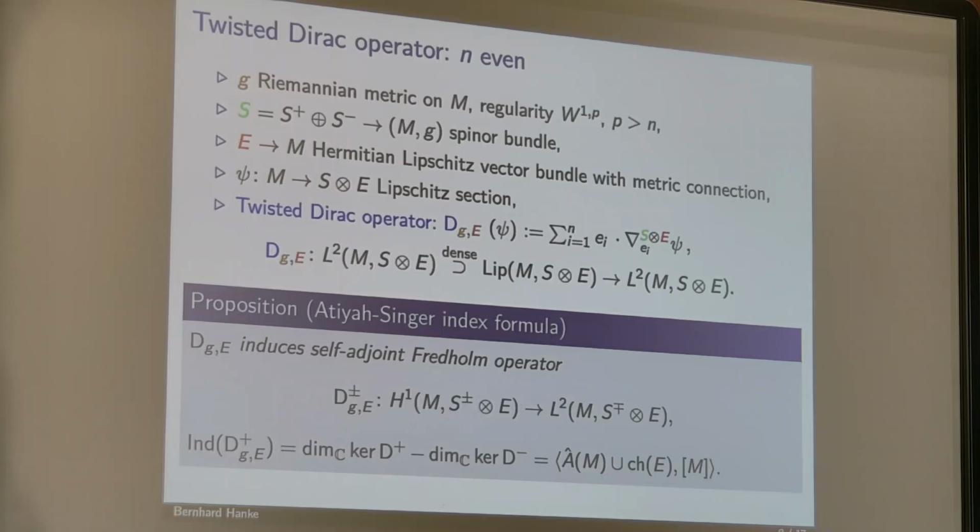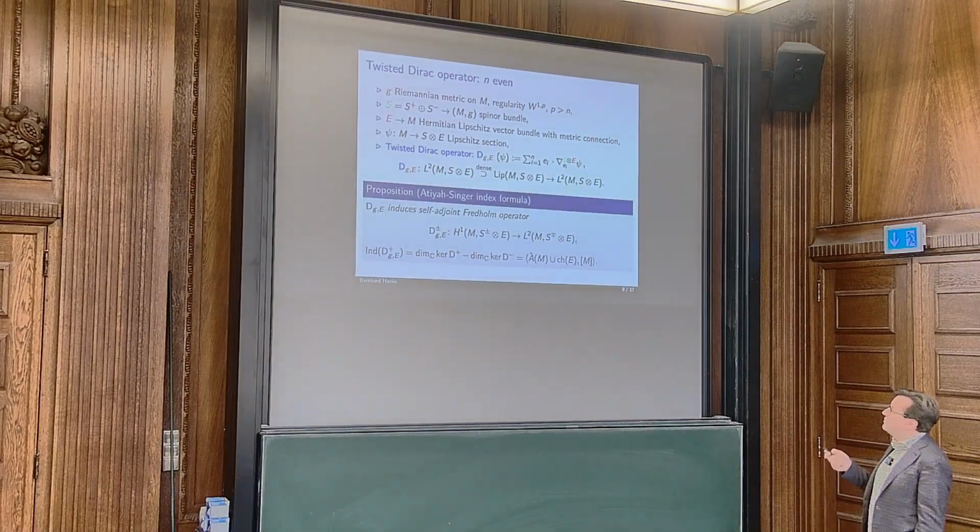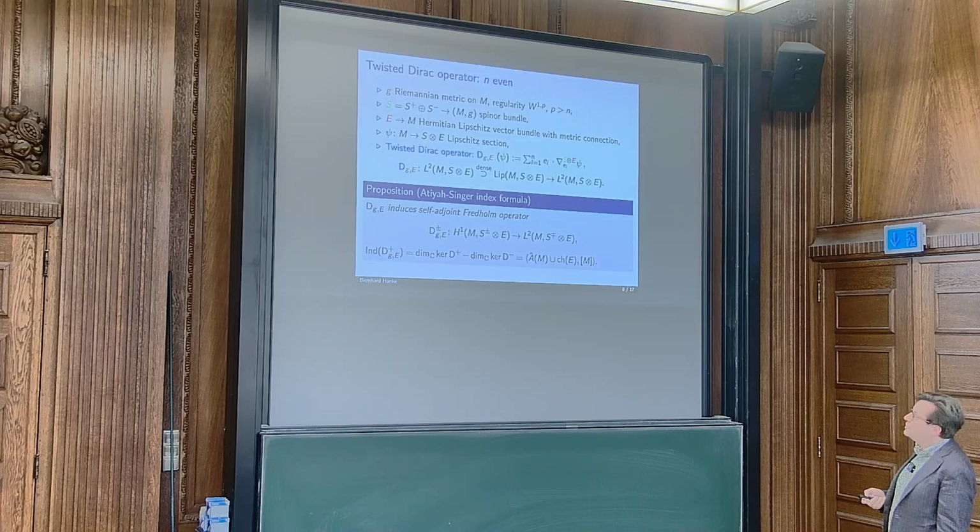The case of odd n will be discussed later. In the even dimensional case, the spinor bundle splits into two sub-bundles. That's the so-called chirality decomposition, and Clifford multiplication exchanges these two bundles. Now we have an additional coefficient bundle or twist bundle. It's just a Hermitian Lipschitz vector bundle with a metric connection.